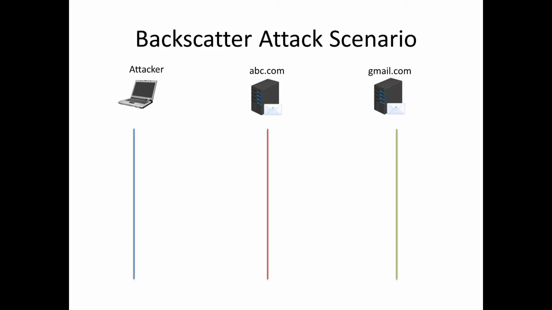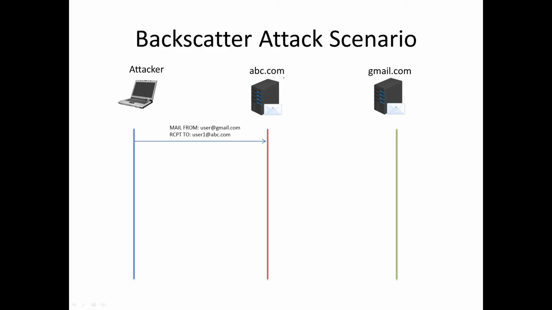So the attacker will create a message, let's say MAIL FROM user@gmail.com, and abc.com, without having a domain authentication, will accept the MAIL FROM command. Then the attacker continues to send RCPT TO and DATA until the message has been successfully transferred to abc.com.